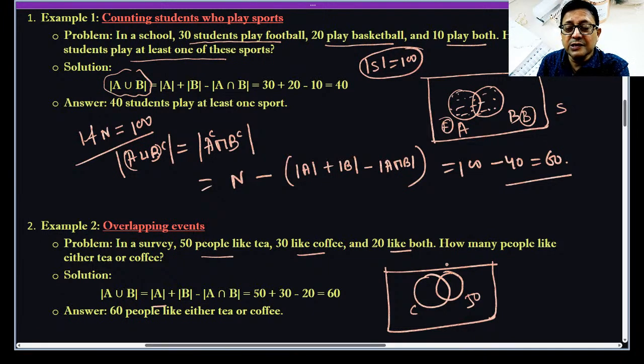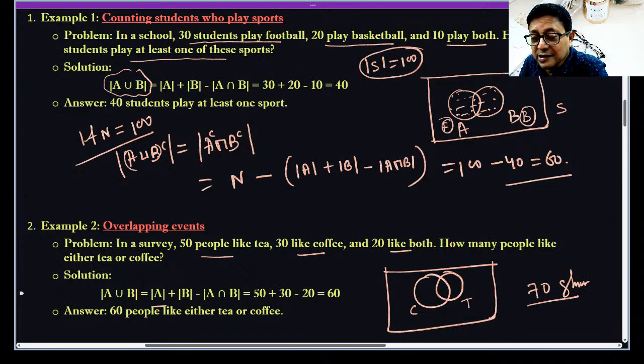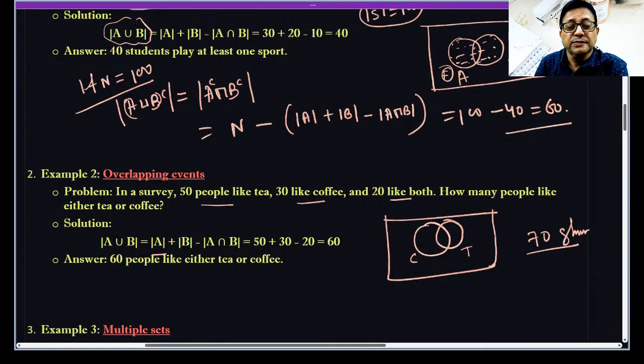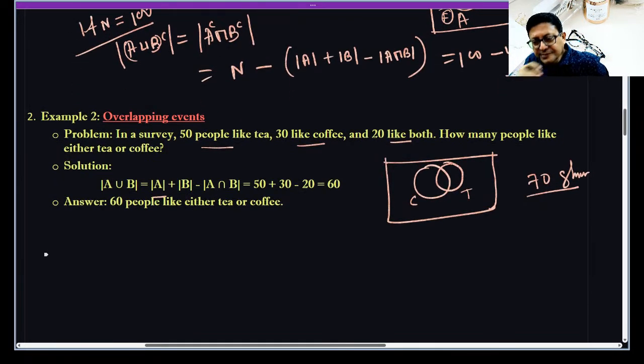Again in this class, suppose this is tea. Suppose there are 70 students. Find the number of students who do not like coffee or tea. How to find it?